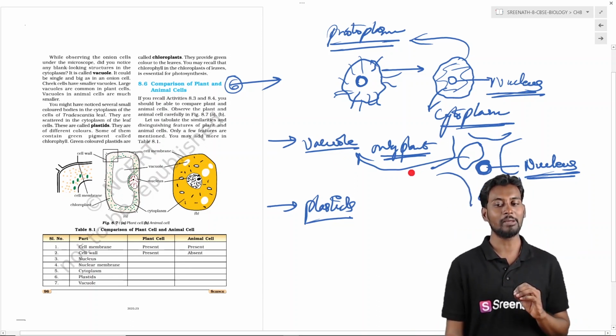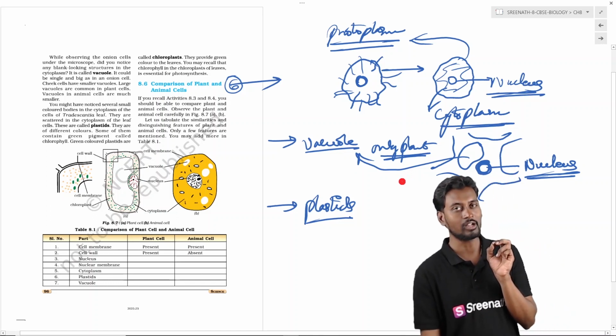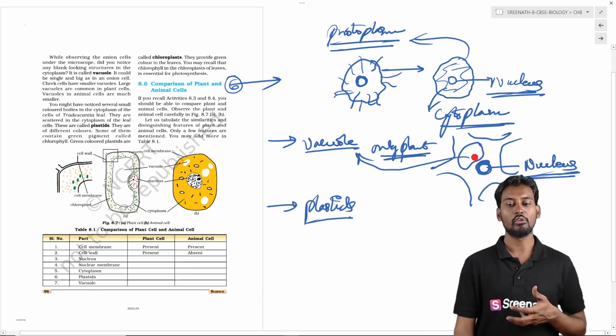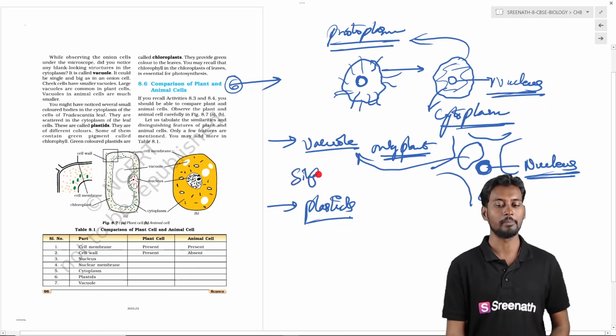They are present mainly in plants, and to some extent in lower eukaryotes, especially yeast. The vacuoles are cell organelles which are single membrane.